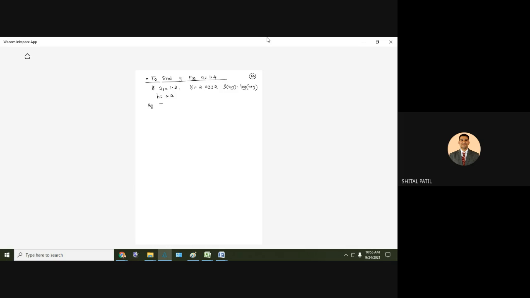So by Euler's method, our aim is to find the corresponding y2. First we are finding it by Euler's method.